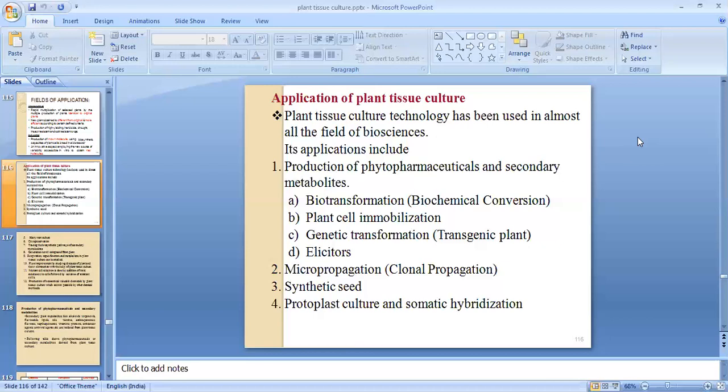And the second application of plant tissue culture is micropropagation, that is nothing but clonal propagation. And next is production of synthetic seed, protoplast culture and somatic hybridization.